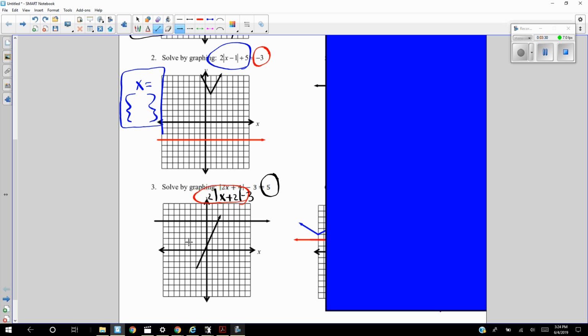It looks like they intersect there. And it's going to intersect there. And again, I want to plot those points where they actually do intersect. Here are my solutions.